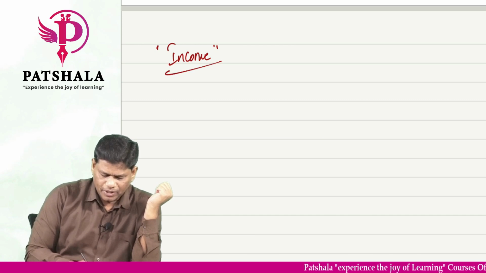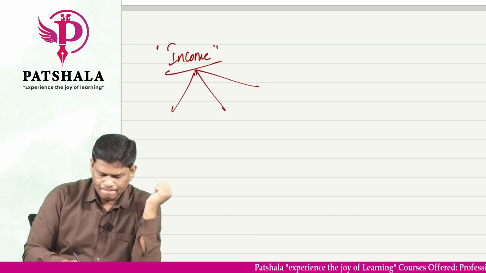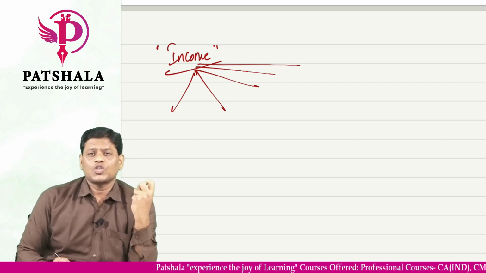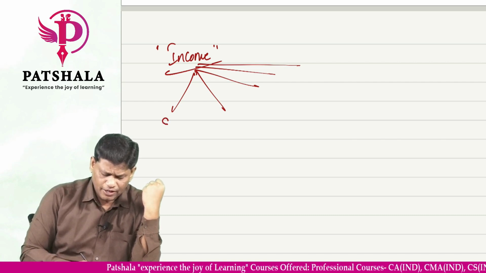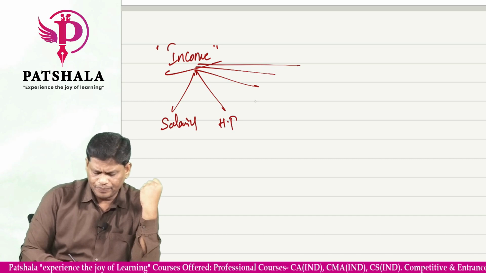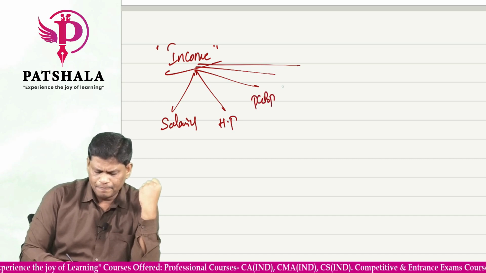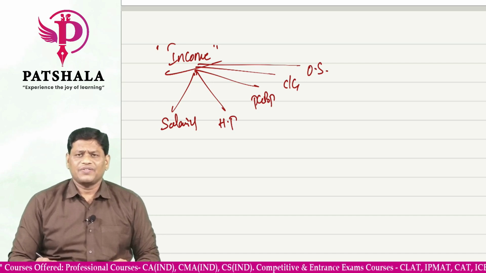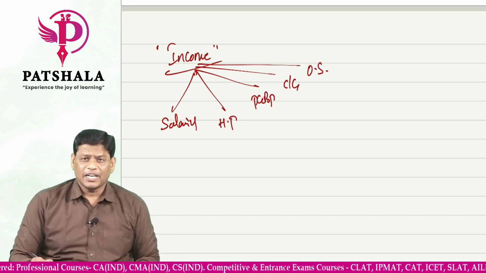Income in chapter number 1 is broadly categorized into 5 types, various heads of income which I told you: income from salaries, income from house property, PGBP, capital gains and other sources. This is the classification that we have seen in chapter number 1.